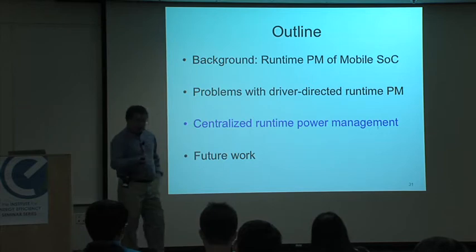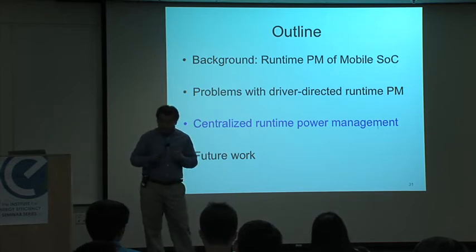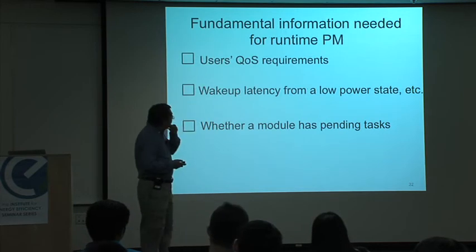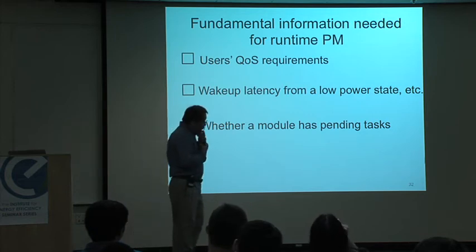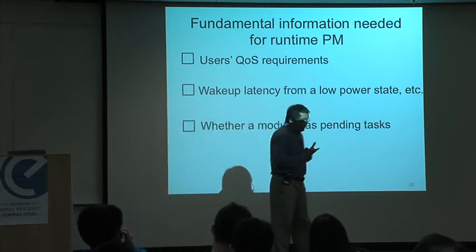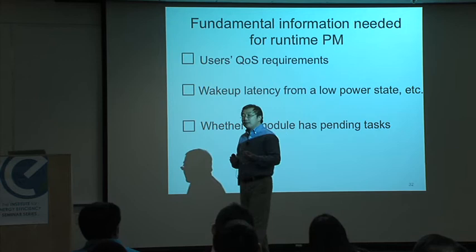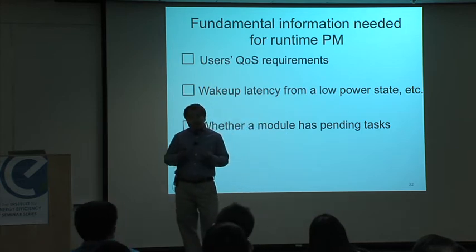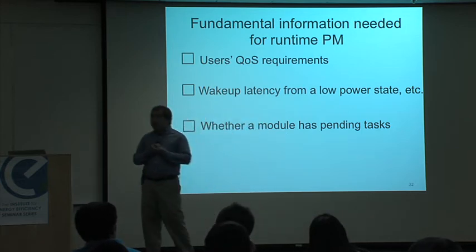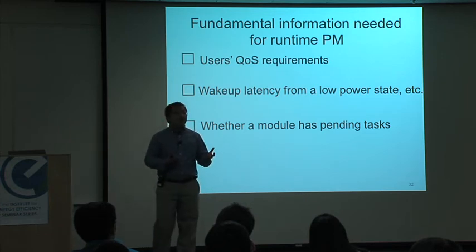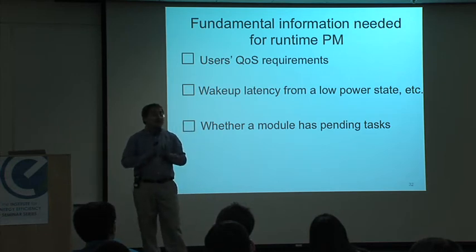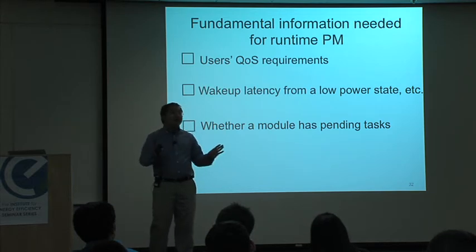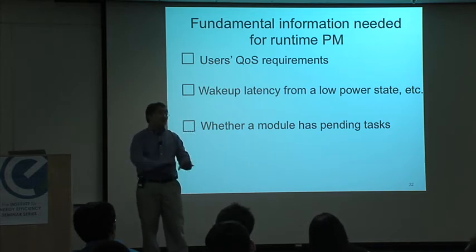So that's what I'm talking about: a centralized runtime power management framework. Our key insight is, for runtime power management, you need three pieces of information to get it to work. Number one, you need to know the user program's quality of service requirements, right? What's the latency you can tolerate? If the user cannot tolerate any latency, then you should not disable the module at all.